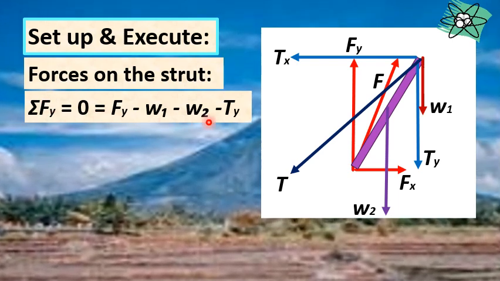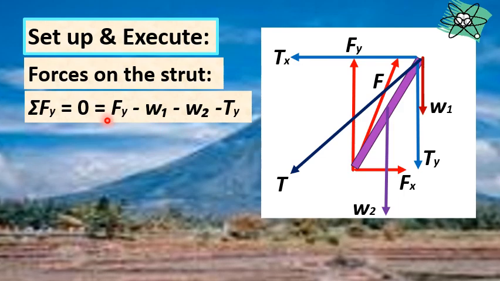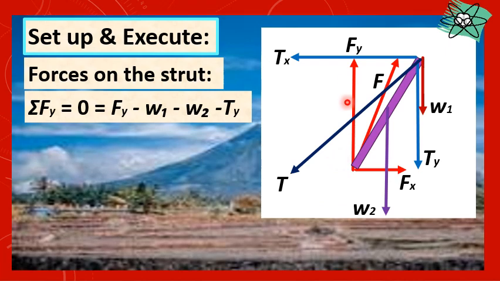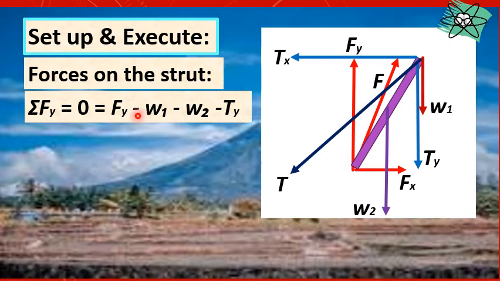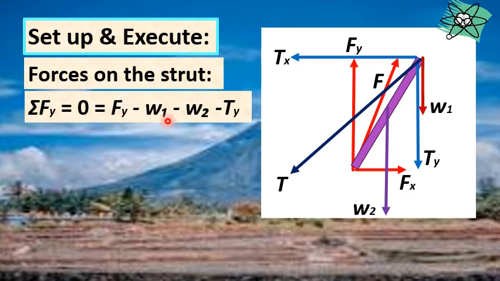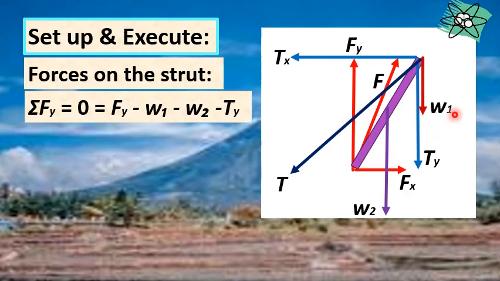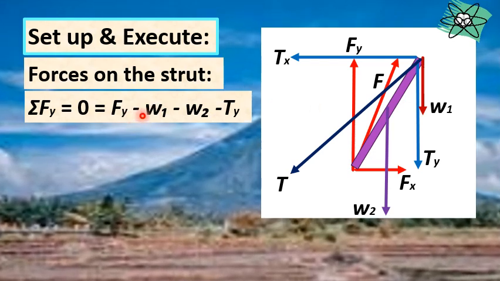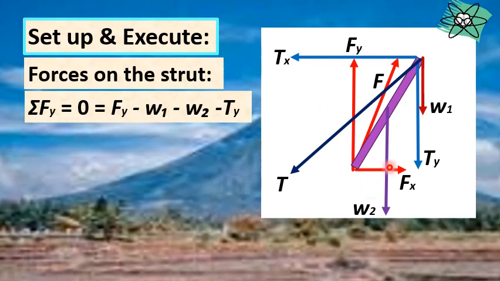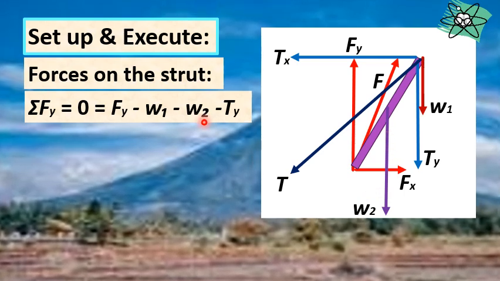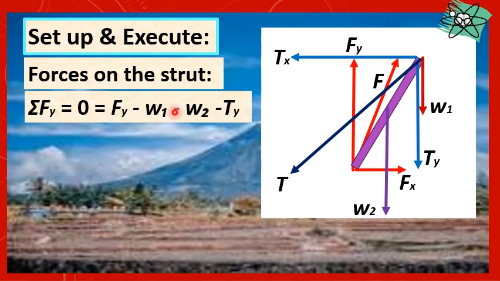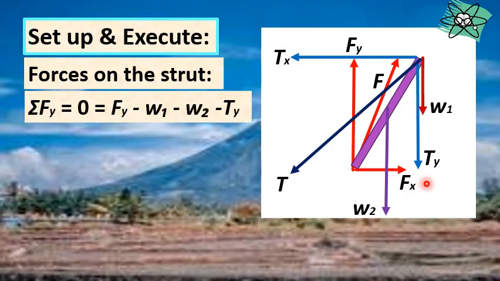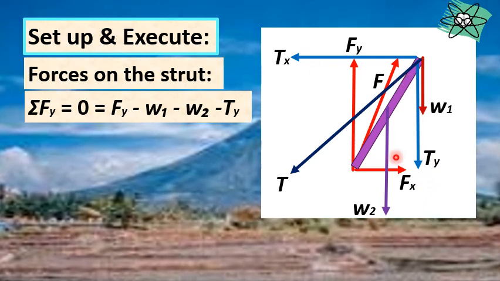These are the force Fy, whose direction is upward; W1, the weight of the hanging load directed downward, hence minus W1; likewise the weight of the strut itself, W2, also downward, hence minus W2; and the force Ty, the y component of the tension force.